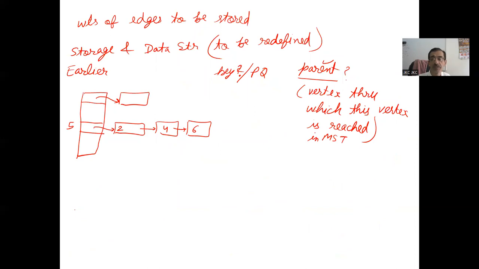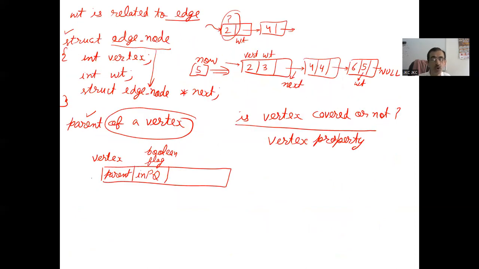Whenever we are going to find the weight, key, etc., to be adjusted, we need to know whether this vertex is covered or not, whether this vertex is still in PQ or not. So for each vertex, that information is needed. Another field I am going to use later, I am not writing at present, so I'll just leave it open.